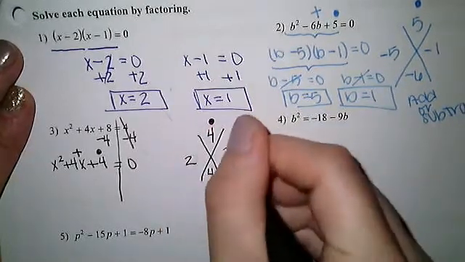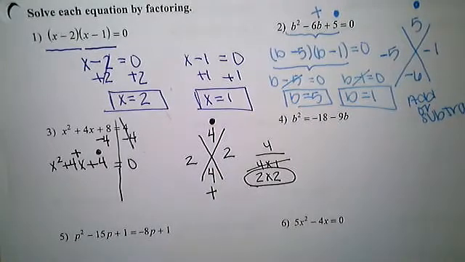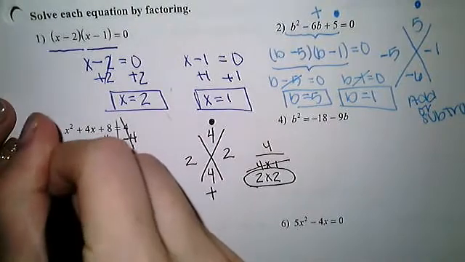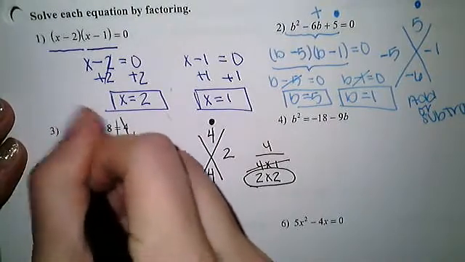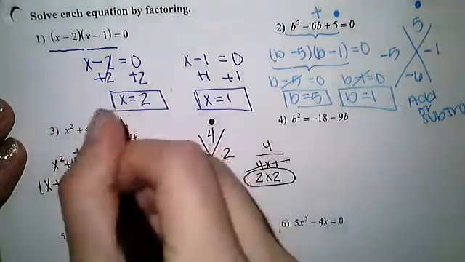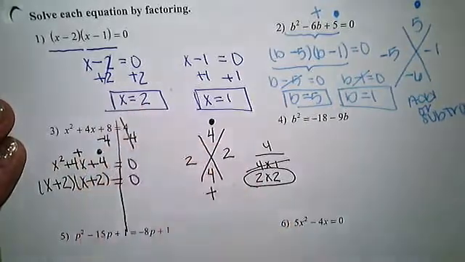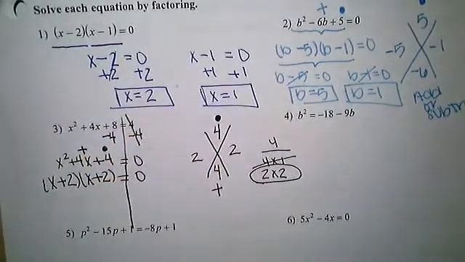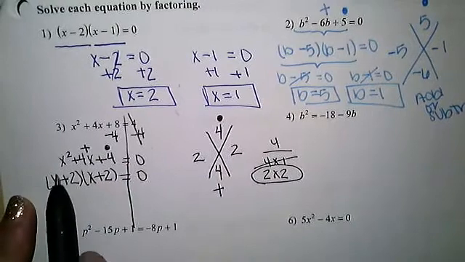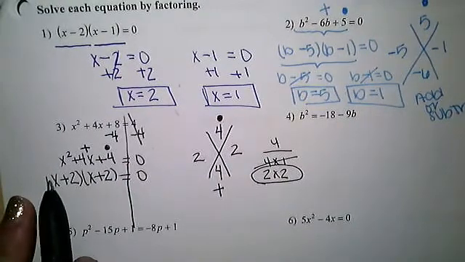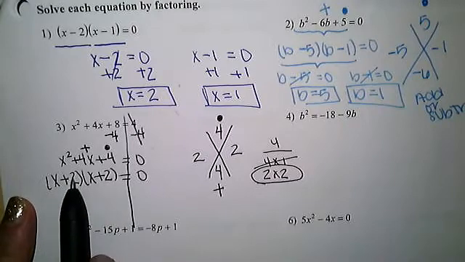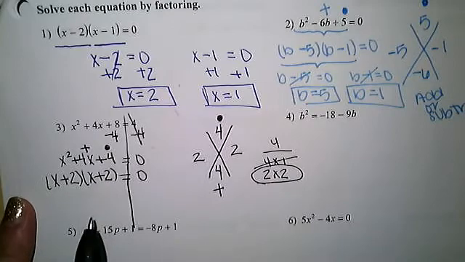If I put a 2 and a 2 here, though, 2 times 2 is 4, and 2 plus 2 is 4. So I can go right to x plus 2, and x plus 2 equals 0, because x times x is x squared. And you could even check this by doing x times x, x times 2 is 2x, 2 times x is 2x, and 2 times 2 is 4.